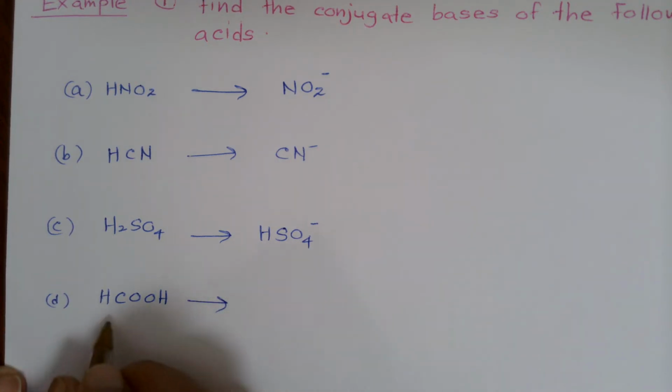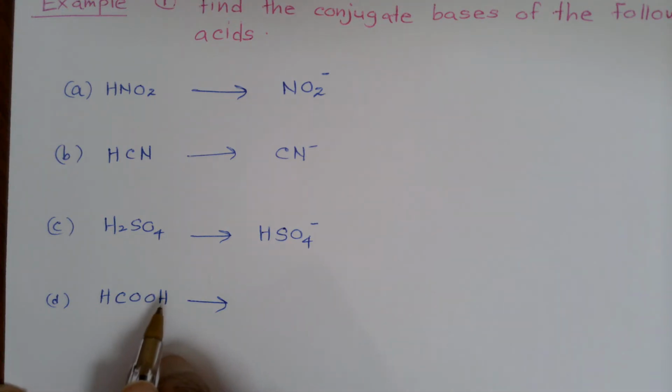Next one we call formic acid, another name is methanoic acid. In formic acid, you can see two hydrogen atoms. However, the hydrogen attached to oxygen is the one that shows acidity, the acidic or ionizable hydrogen. The hydrogen connected to carbon is not.